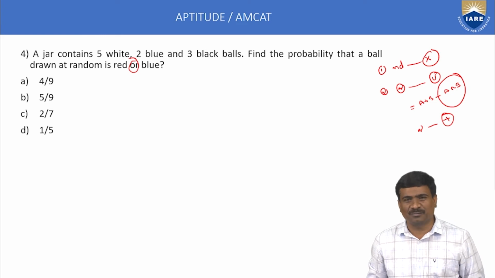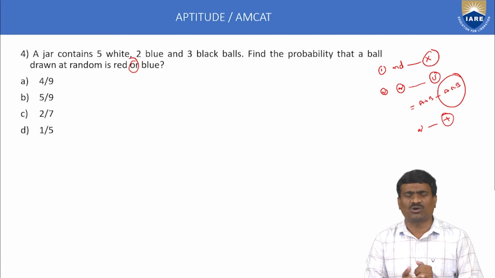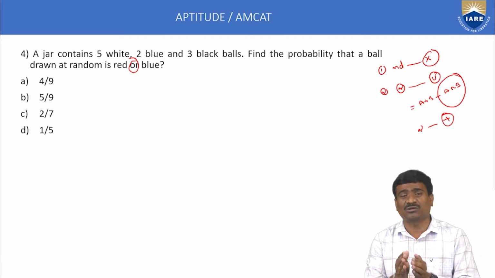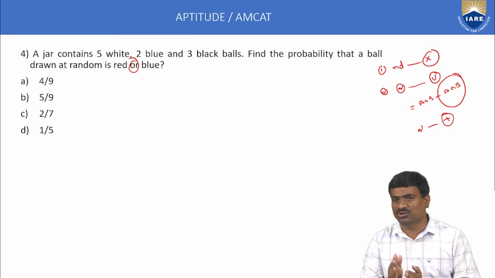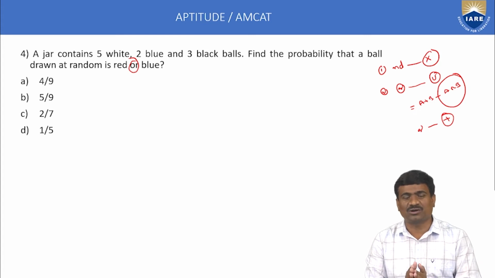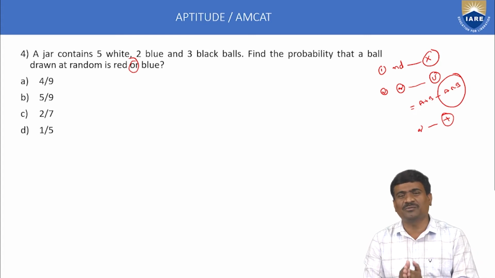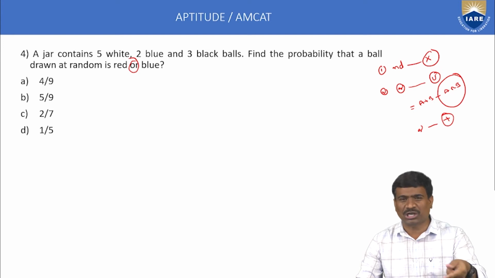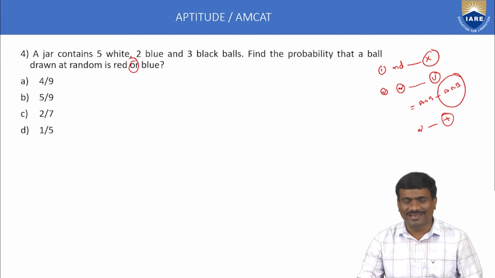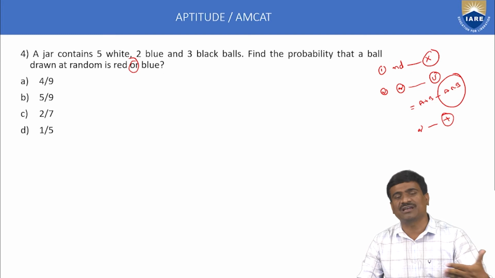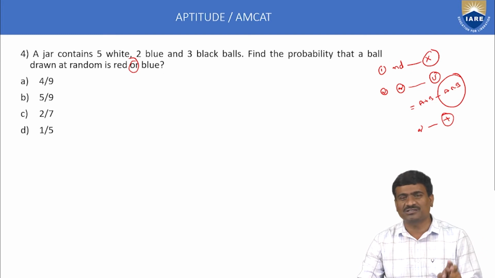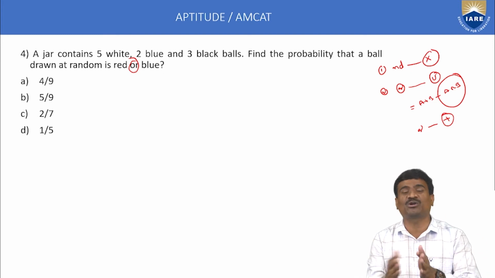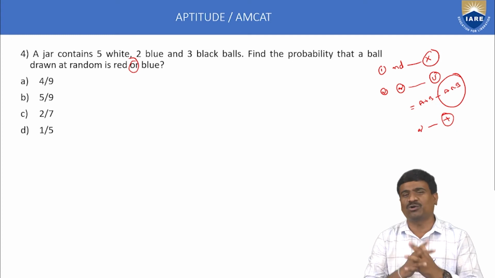Suppose another example, a cards concept. 2 cards are drawn randomly from a pack of 52 cards. Find the probability that both are king or are red color. But here OR does not equal plus, because king and red have common cards available. 4 king cards, 2 red color, 2 black color, common cards available, so OR is not equal to plus.